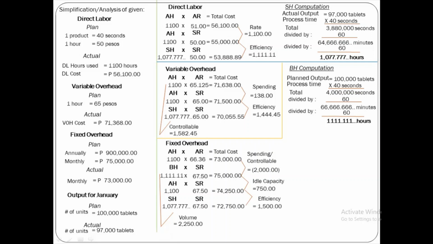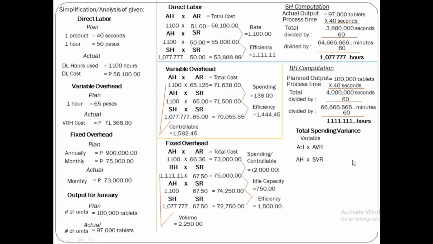So in order to complete your knowledge, let's say for example, you need to compute the total spending variance. That's just the spending variance in the variable overhead plus the spending variance in the fixed overhead. So this is just actual hours on the variable times the actual variable rate minus the actual hours times standard variable rate.